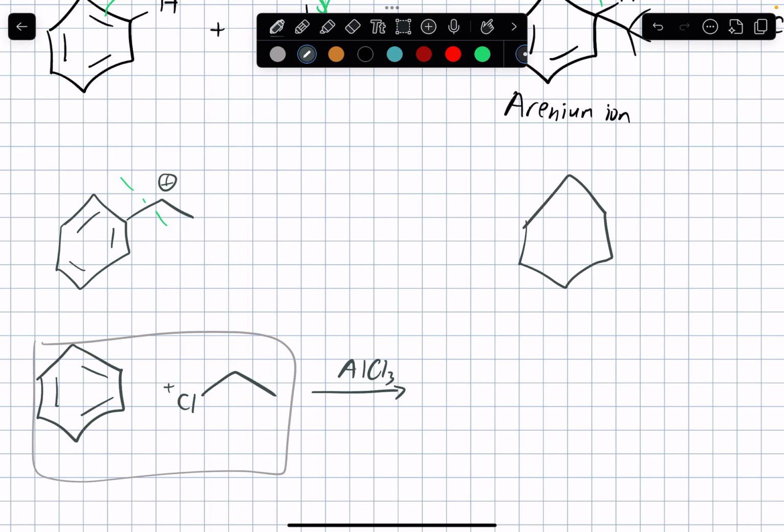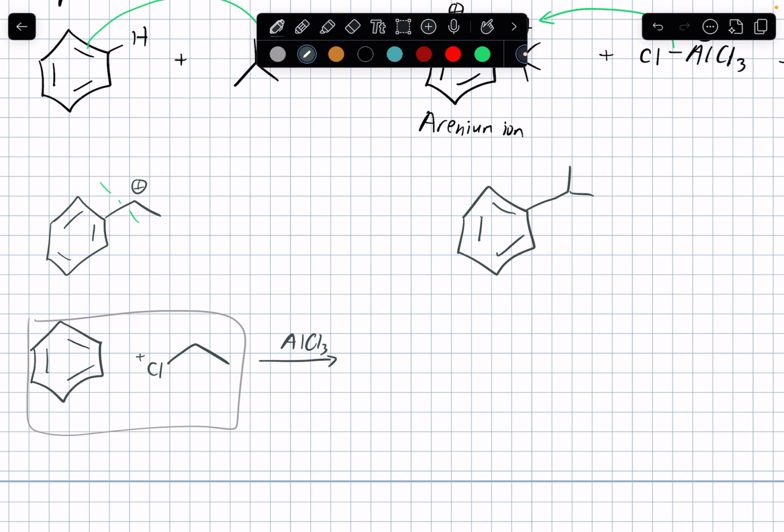How about this? This is definitely not primary alkyl halide.